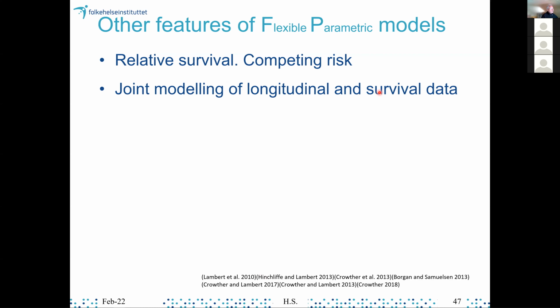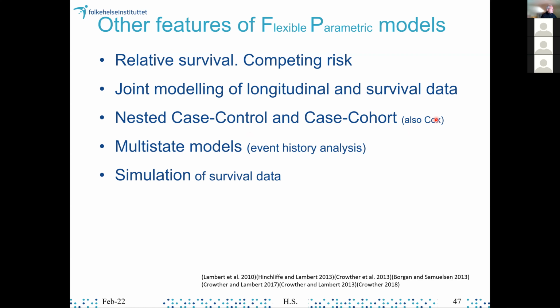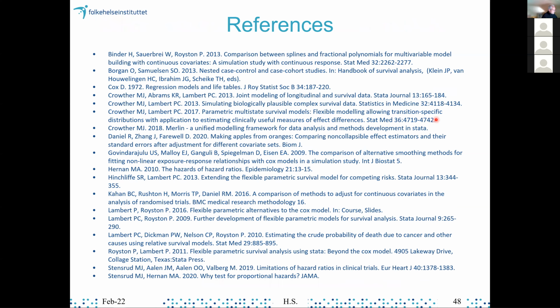Joint modeling of longitudinal and survival data. You can estimate nested case control and case cohort data. Although in all fairness, this you can do with the Cox model as well. It only requires weighted models. Multi-state models or event history analysis is possible, and it's very easy to extend the framework. You have simulation of survival data, something that I'm very happy about. And on top of this, you have Merlin, a unified framework for data analysis, and I'm just leaving that as a possibility. And these are my differences.